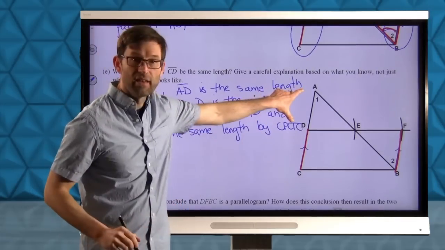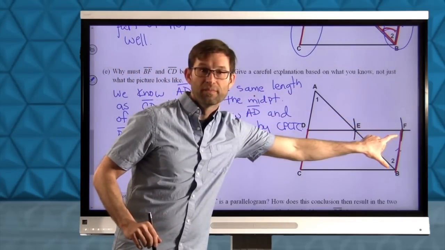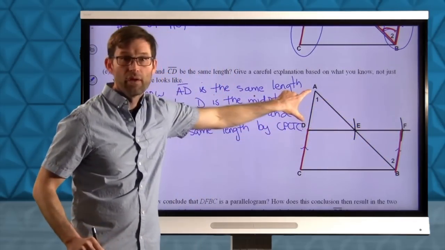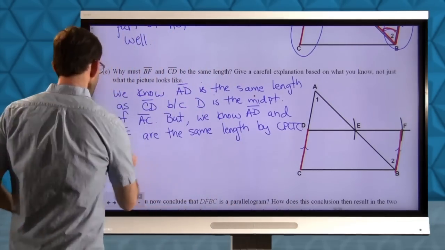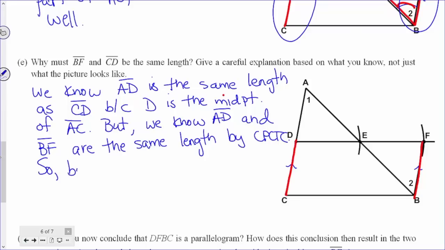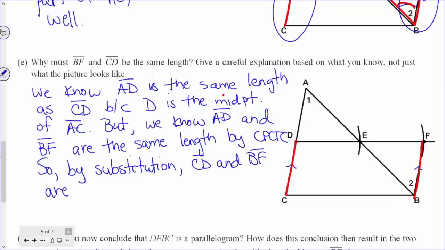So I know that AD and BF are the same length because they're corresponding parts of congruent triangles. So, by substitution, CD and BF are the same length.